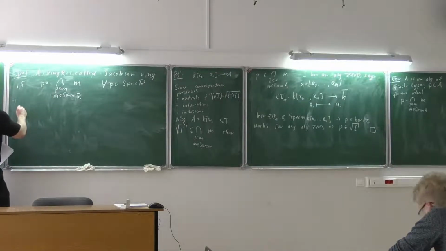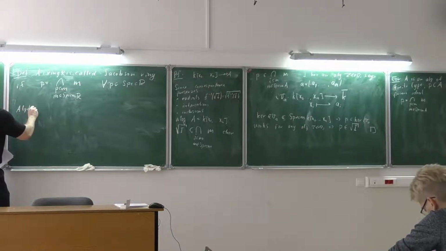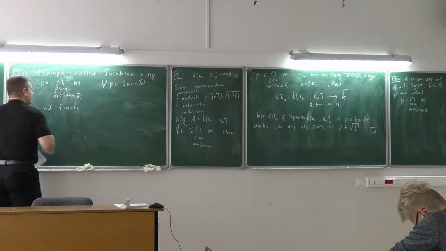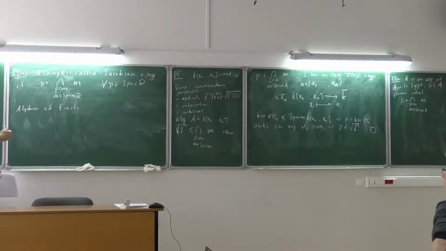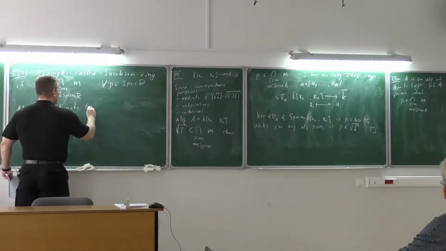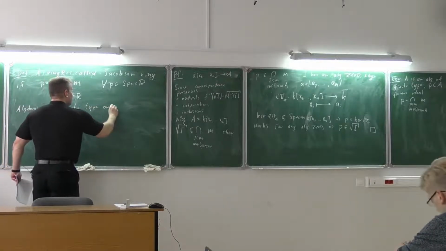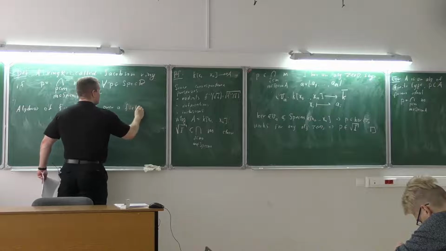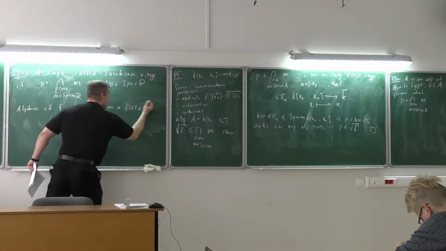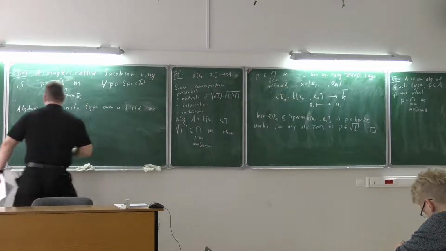When I say finite type, I mean finite type over a field. So algebras of finite type over a field are Jacobson rings.